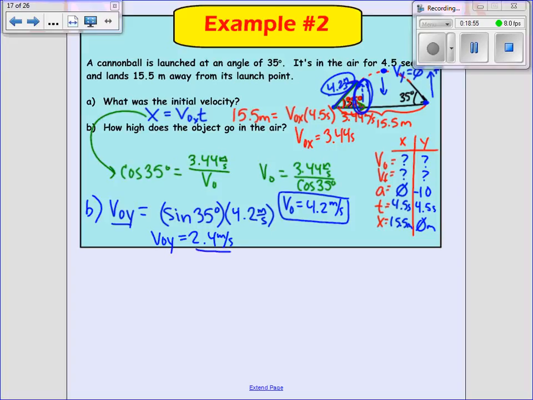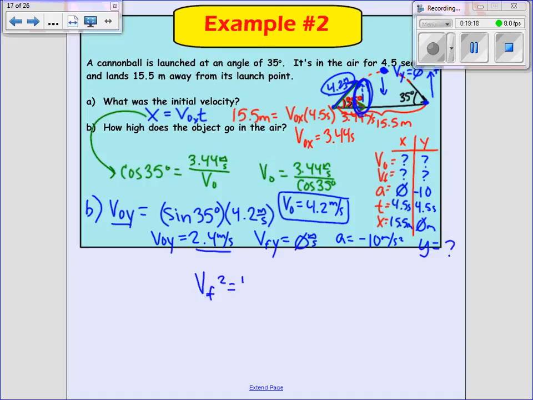Now, that's initially when it's taken off from the ground. When it reaches the top of the arc, the final velocity in the y at that point will be 0. I know the acceleration is going to be negative 10, and so I can solve for y using my kinematic equation number 2, which is this one right here.